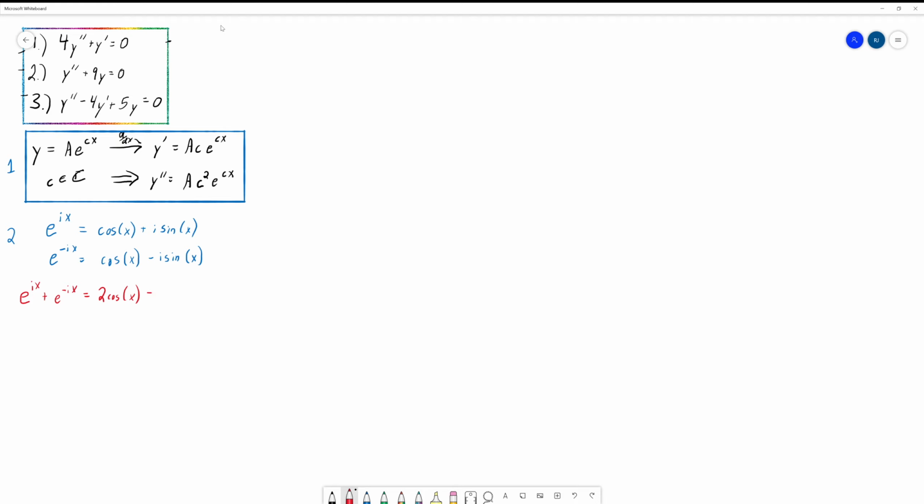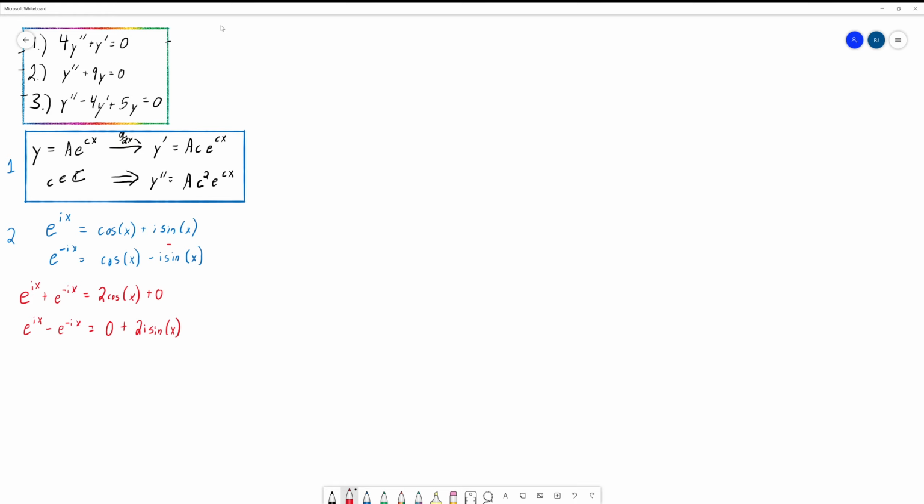So plus 0. And similarly, e to the ix minus e to the minus ix is going to be cosine of x minus cosine x, which is going to be 0. And then plus i sine x minus i sine x, so that cancels and you get plus 2i sine x.